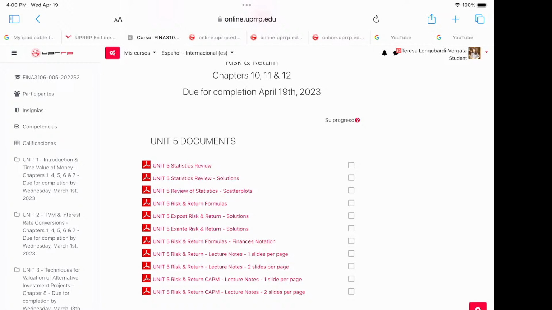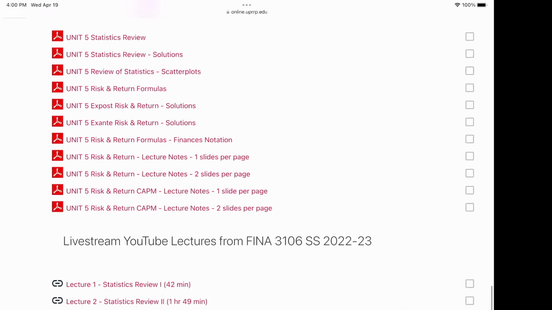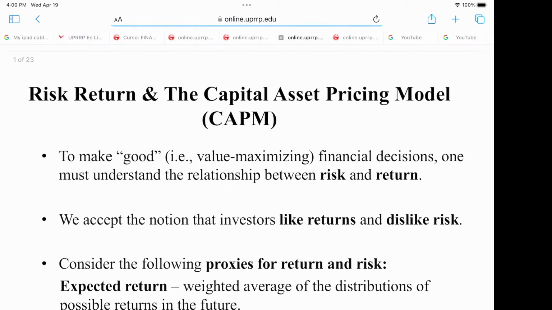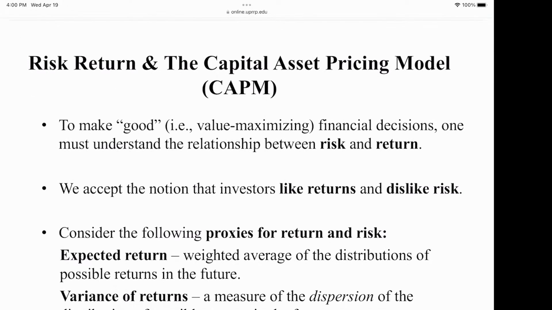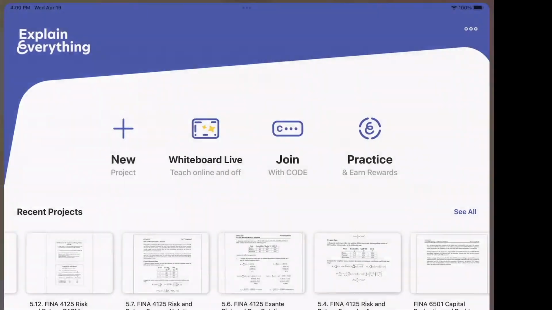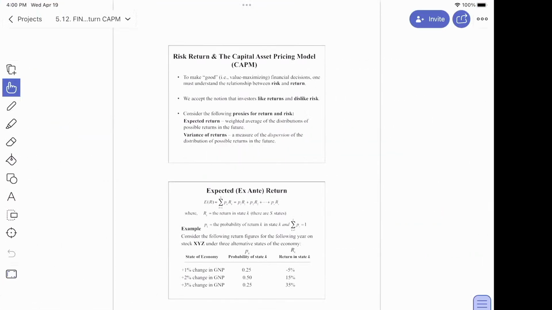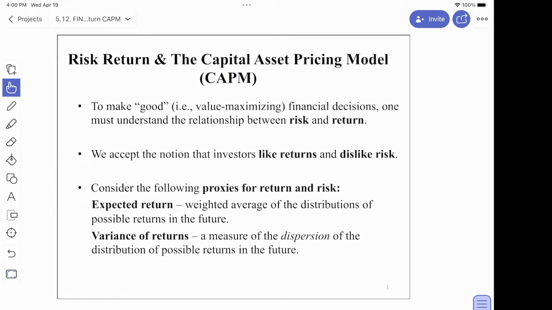All right, so you should see that there are the notes here, one slide or two slides per page. And this is what we're going to talk about next. You can have them one slide per page or two.